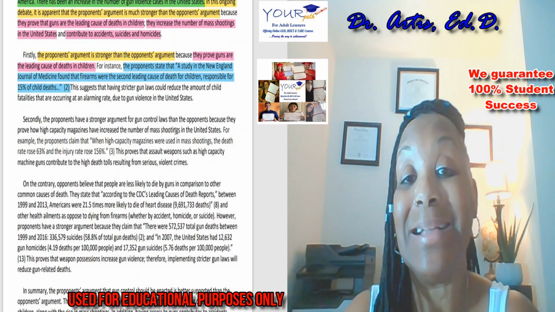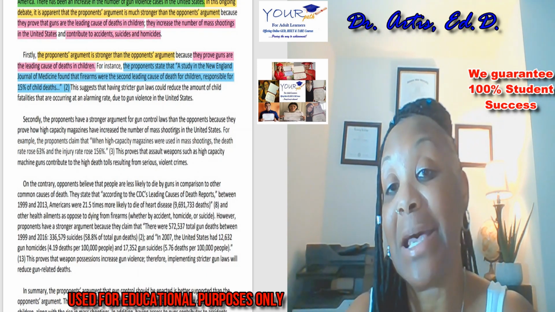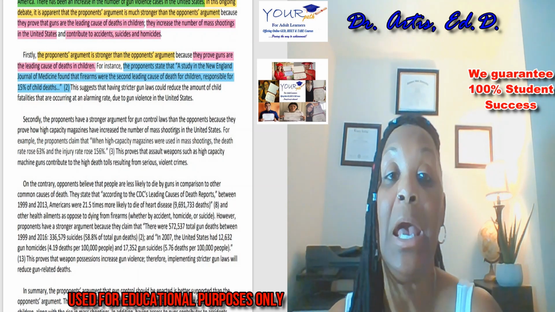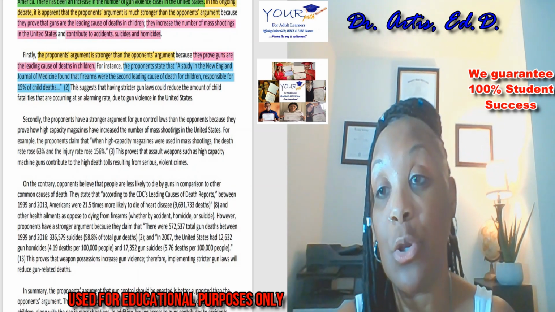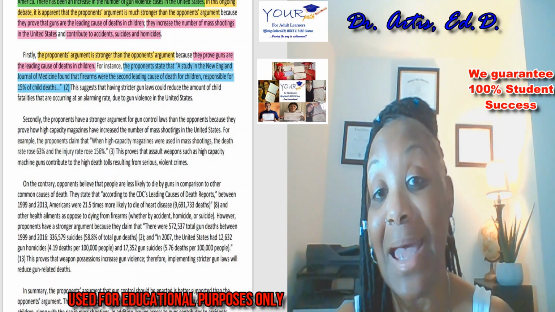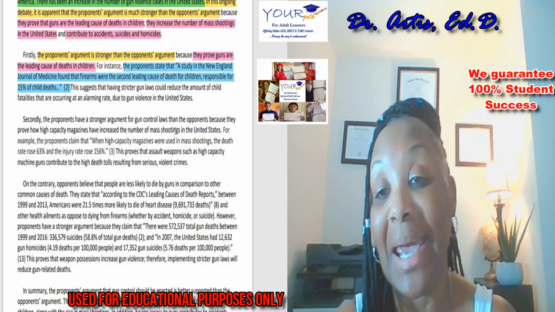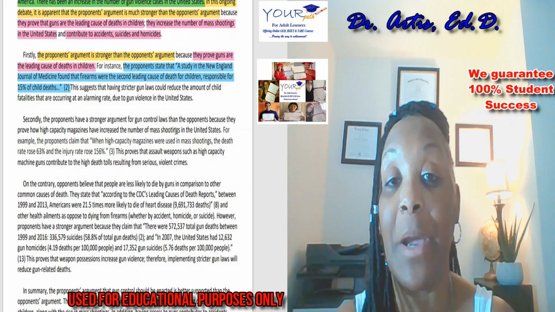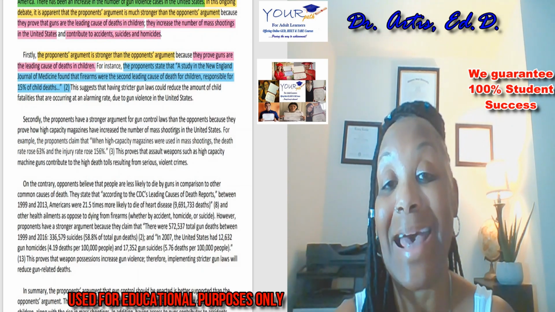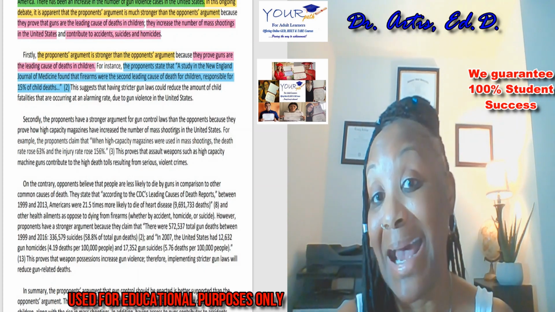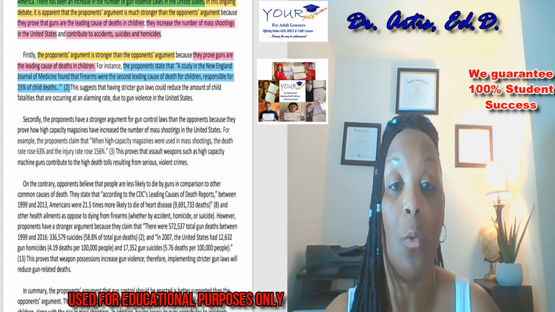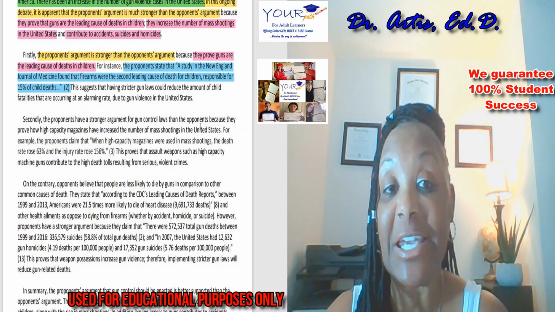So this is her textual evidence, and you must have textual evidence in your essay, okay? It is required to support your main idea. You want to have textual evidence, and then you want to explain, which is going to be the third sentence of the paragraph, why it is that this particular piece of textual evidence is relevant to your main idea, okay? So we do see that she has textual evidence here.